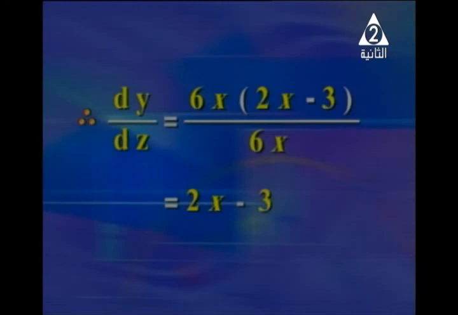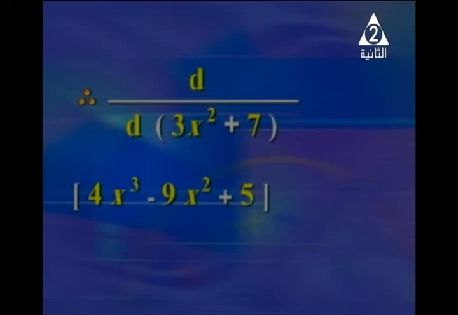This is a very important lesson. Dear student, when we find the derivative of 4x power 3 minus 9x power 2 plus 5 with respect to 3x squared plus 7, at the first we put 4x power 3 minus 9x power 2 plus 5 equals y. After that, we find dy over dx equals 12x squared minus 18x, only, as the derivative of 5 is 0.